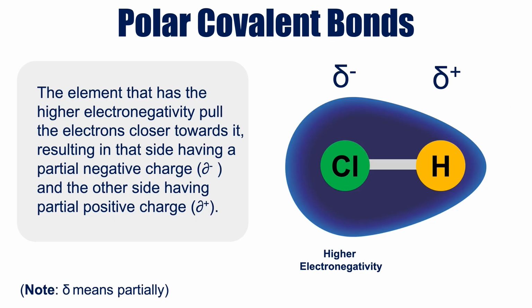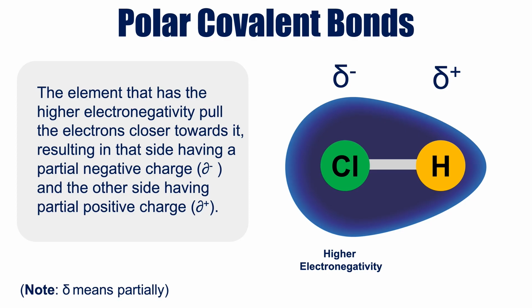So to look at this concept in a little bit more detail, between chlorine and hydrogen, a polar covalent bond is going to form. Chlorine has a slightly higher electronegativity value, so it's able to pull the electrons a little bit closer towards it as they're being shared. So you end up having this asymmetrical distribution of electrons between these two elements in this chemical bond.